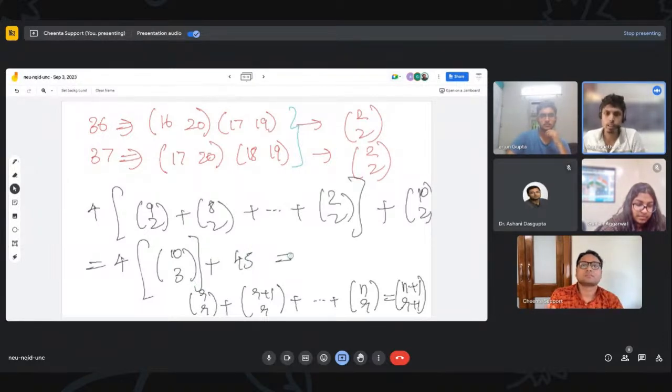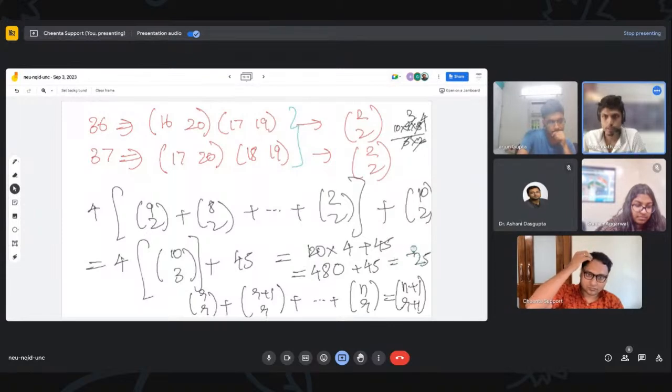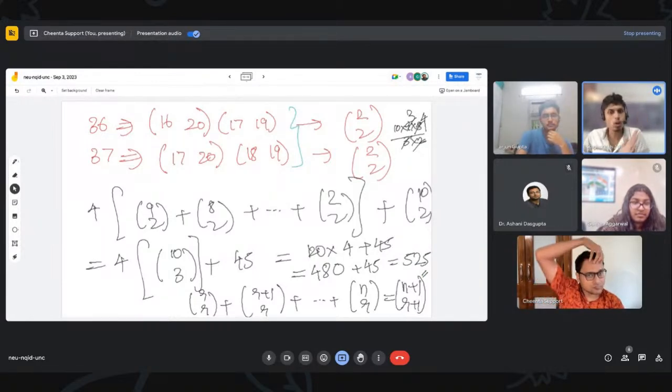So 10 choose 3 will be 10 into 9 into 8 by 3 into 2. 3 threes are 9, 4 twos are 8, 12, 120 into 4 plus 45. So we get 525 quadruples ABDC.